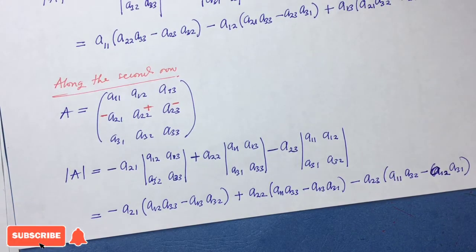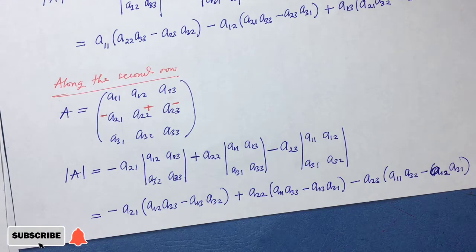Okay? Now, that is if you want to obtain the determinant along the second row.